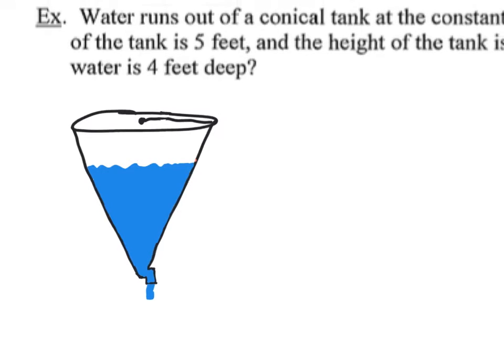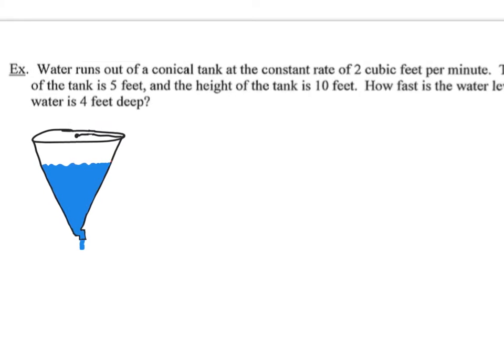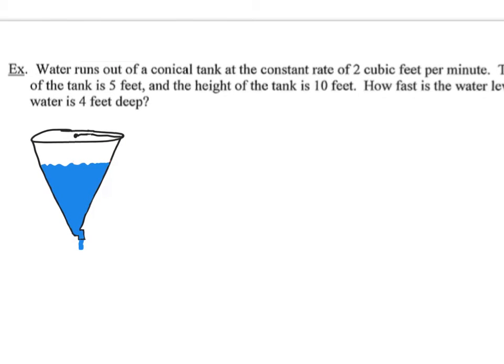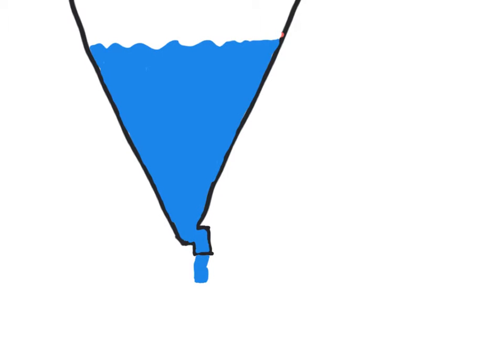And the first thing that I want to talk about is that water runs out of the conical tank at a constant rate of 2 cubic feet per minute. So when I write that, water is flowing out, okay, this is a rate. And so water is flowing out, and since that's in cubic feet per minute, that's the rate at which the volume changes with respect to time.